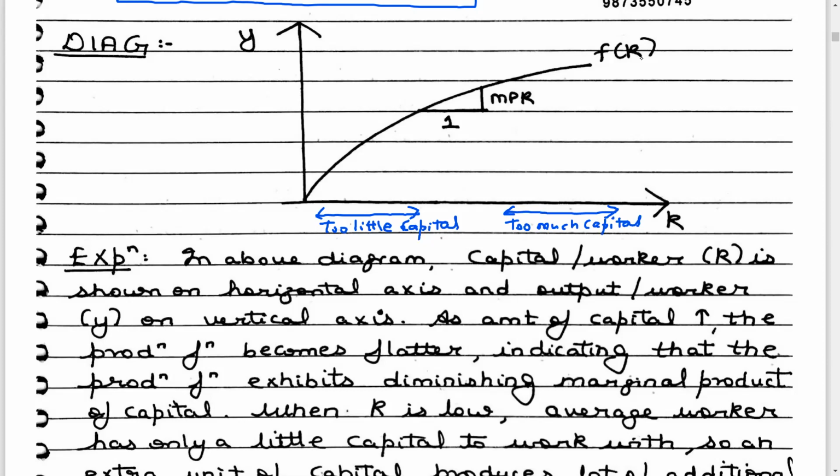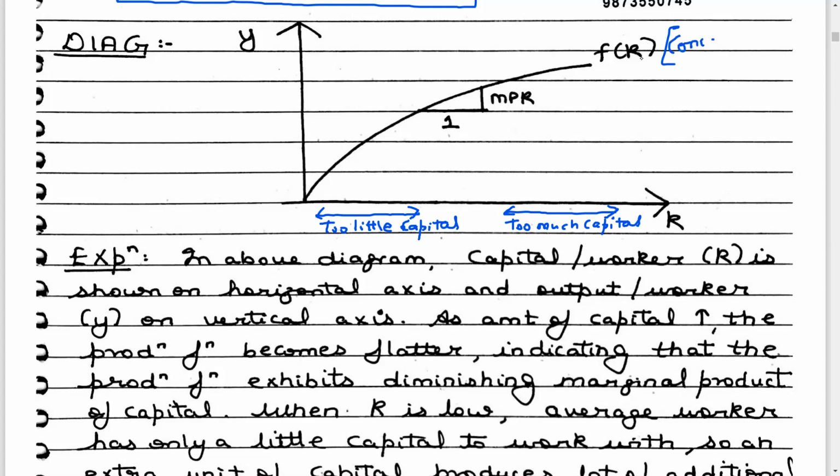It leads to mismanagement. As a result, diminishing marginal productivity of capital sets in, which causes the output to increase, but at a decreasing rate. That is why you can see the production function is concave. I hope students have understood this.